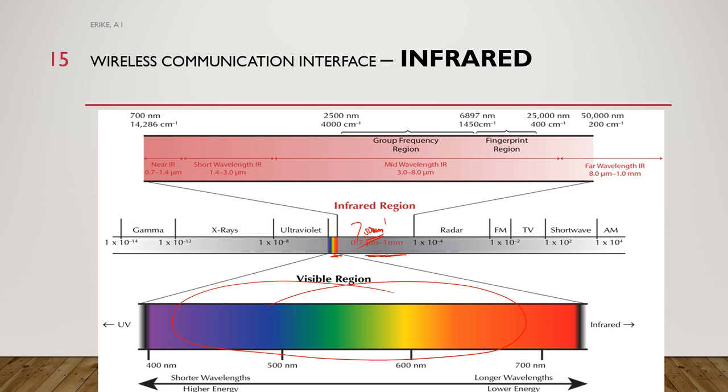Most of the thermal radiation emitted by objects near room temperature is infrared. Infrared radiation is used in industrial, scientific, and medical applications. Night vision devices using active near infrared illumination allow people or animals to be observed without the observer being detected.